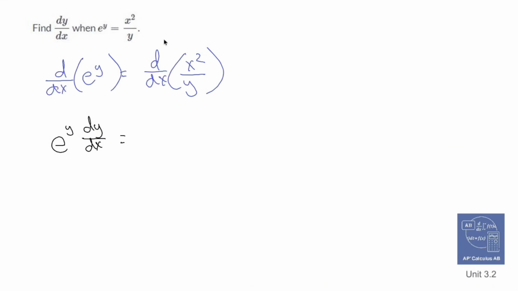On the right side, you have the quotient rule. Ugh. The quotient rule says that if you have a u over a v, you're going to have u prime v minus v prime u all over v squared. So u in this case is x squared. v is y. u prime is the derivative of x squared with respect to x, which is 2x, no attachments.